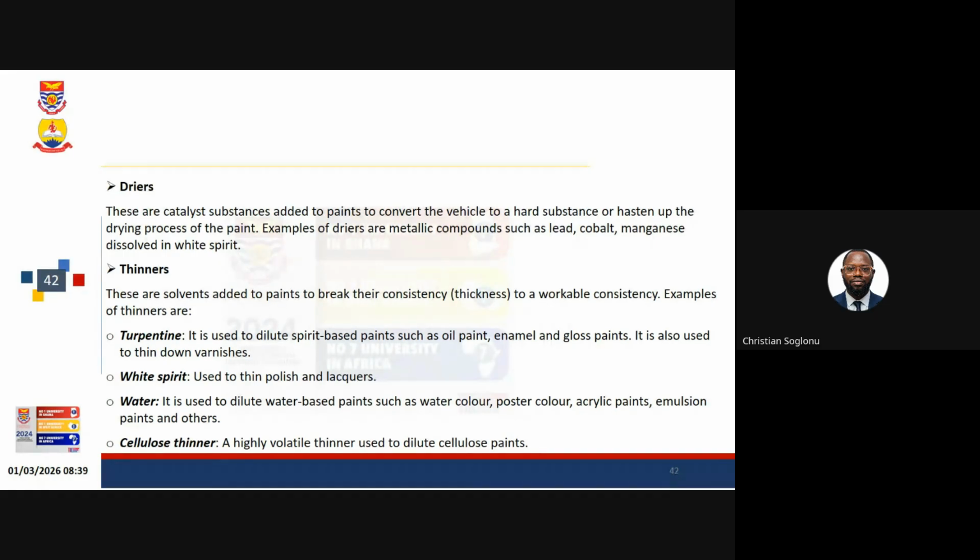Here, I think Say should come in. What is cellulose paint? I'm also confused here. Hello, Say.